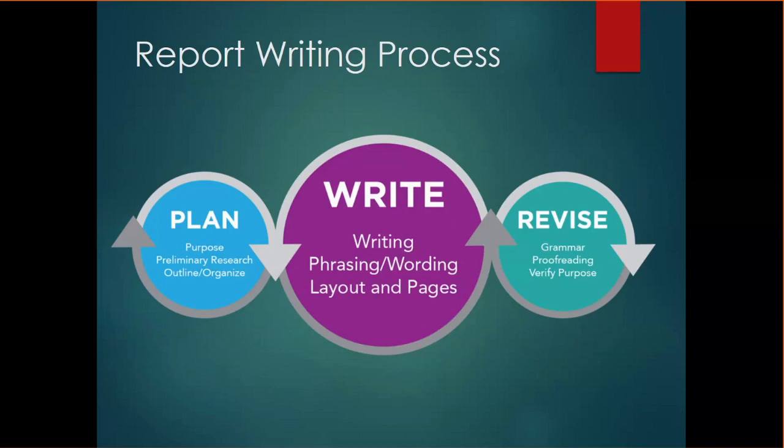For the second progress meeting, we asked you to prepare a draft, or as much of a draft as you could, for your design and analysis section. So now you had started to enter into the writing phase of your technical report. You were writing, worried about phrasing and wording, and starting to do the layout of your report and pages.